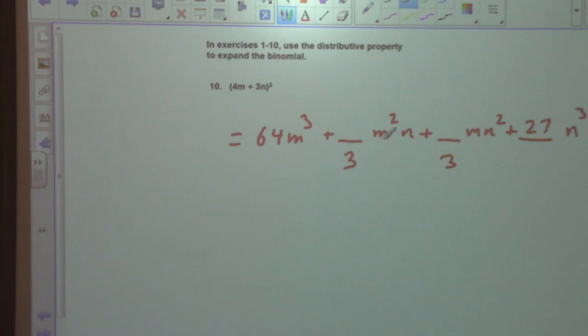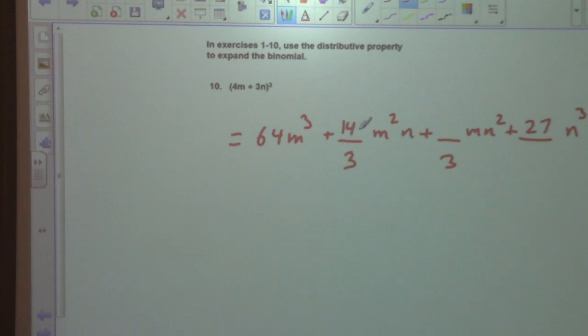You have 3 times 4 squared times 3, because you have m squared. So what's 3 times 4 squared times 3? 3 times 16 times 3 is 144.